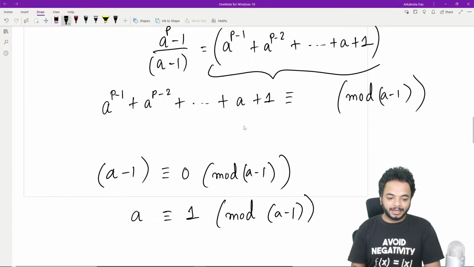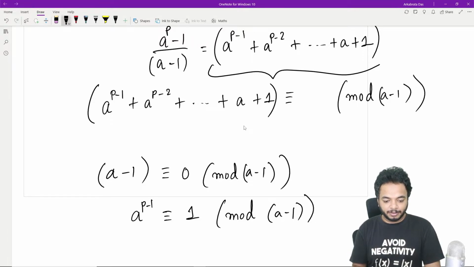If I take both sides to the power p minus 1, then you can understand that a to the power p minus 1 is also congruent to 1 modulo a minus 1.